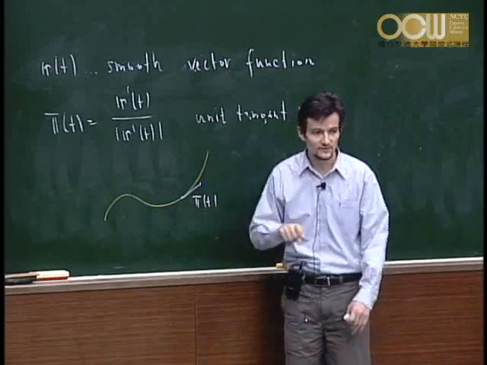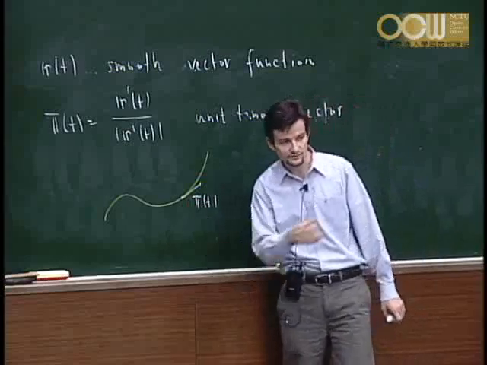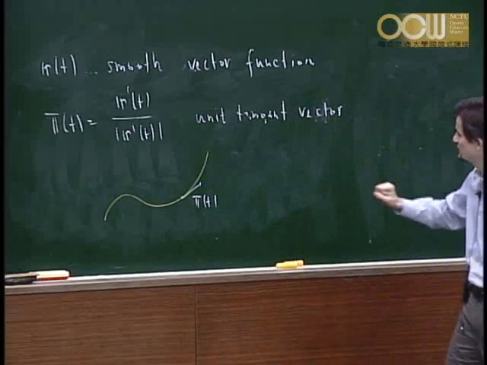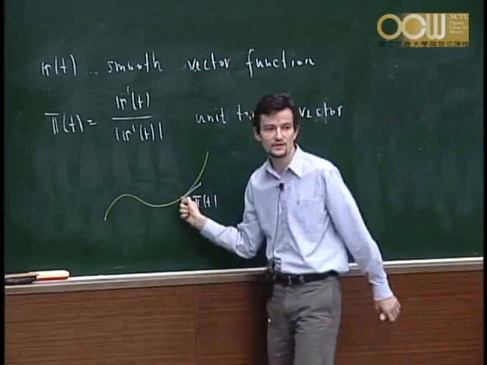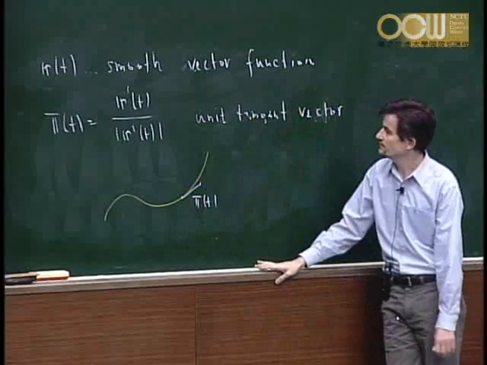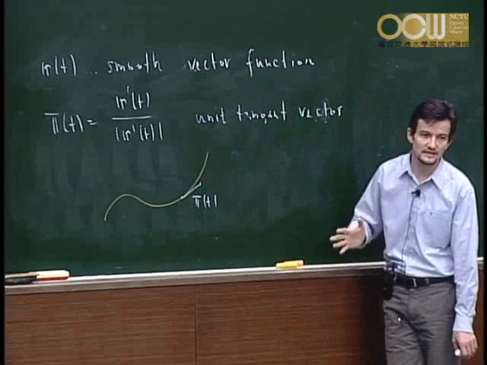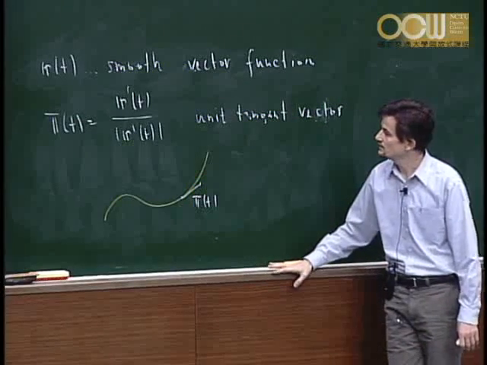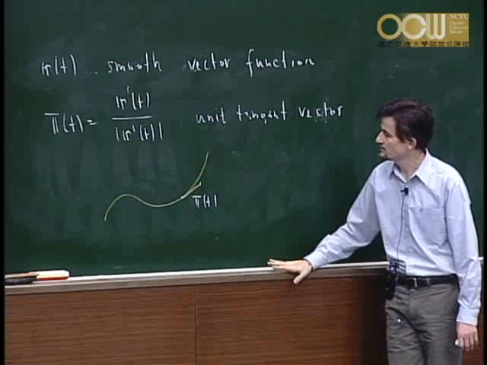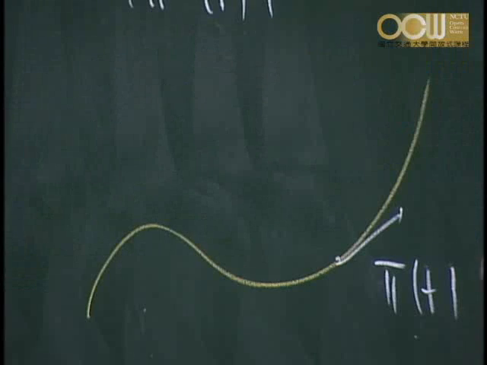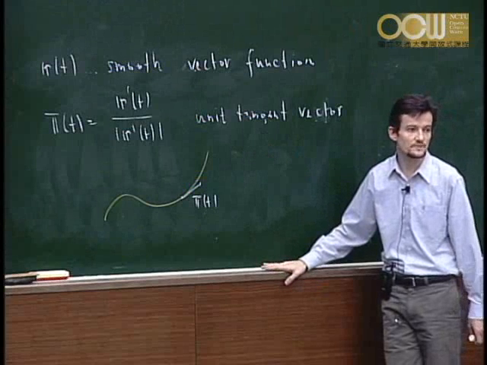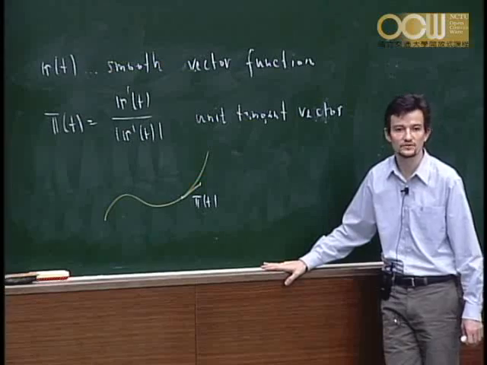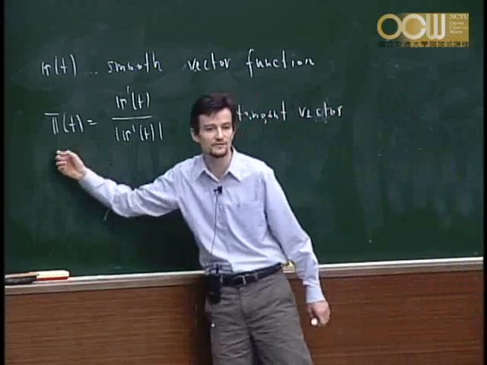If the curve in this point is very curved, you understand what I mean by very curved, then the unit vector will change very quickly. The direction of the unit vector will change very quickly. If the curve in a point is not very curved, then the direction of the unit vector will not change very quickly. So you have to look at the change of the unit vector, which means you have to look at the derivative here.